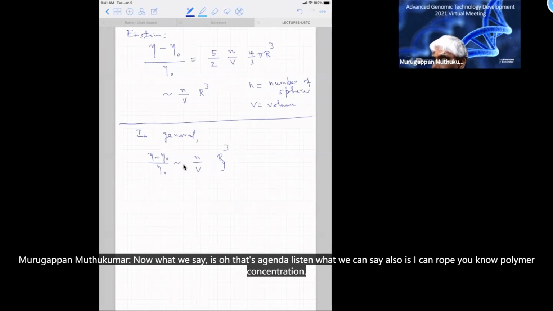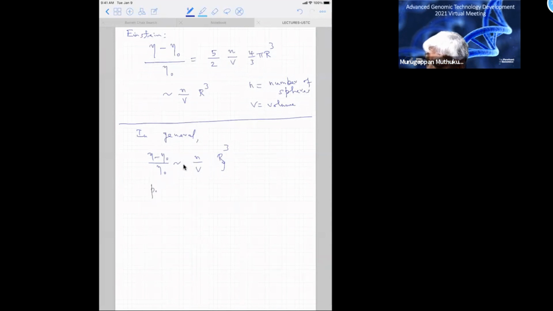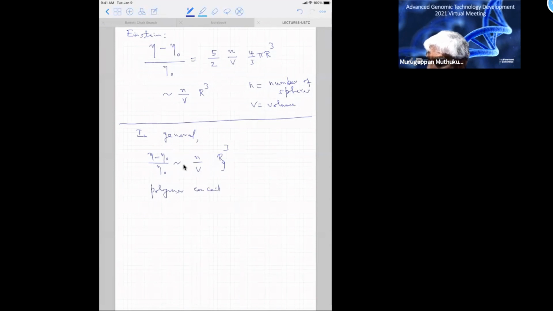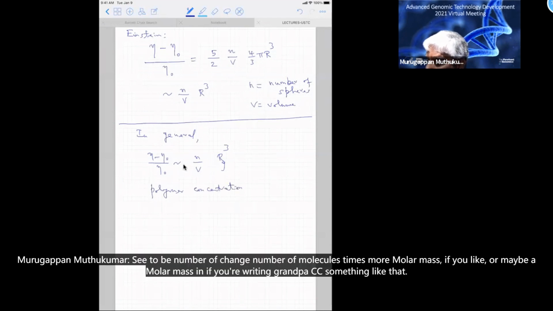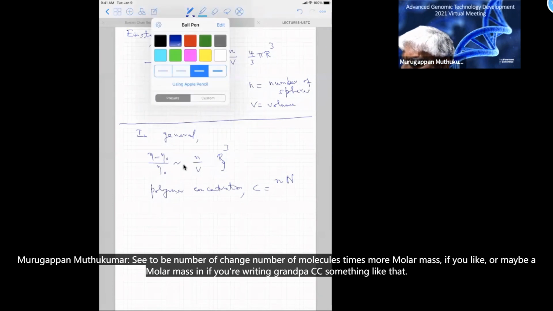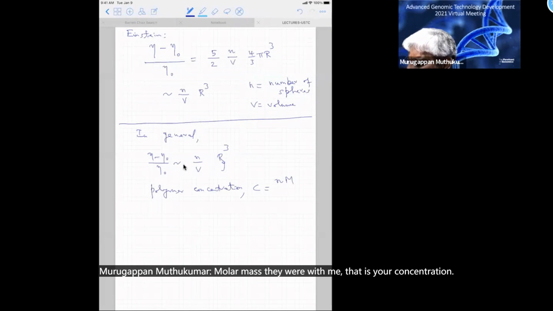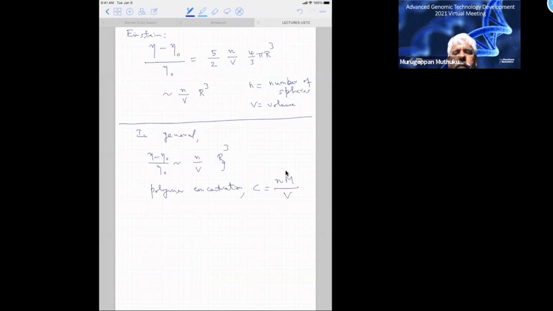What we can say also is, I can write polymer concentration. We always write polymer concentration C to be the number of chains, number of molecules, times molar mass, if you write in gram per cc, divided by V. That is your concentration.